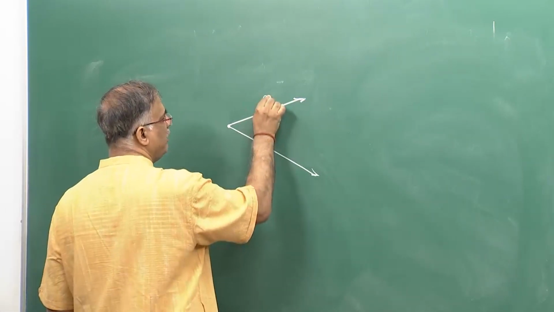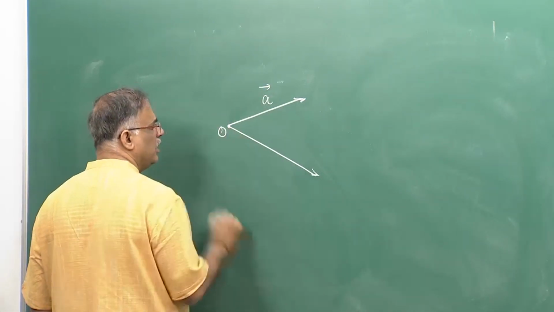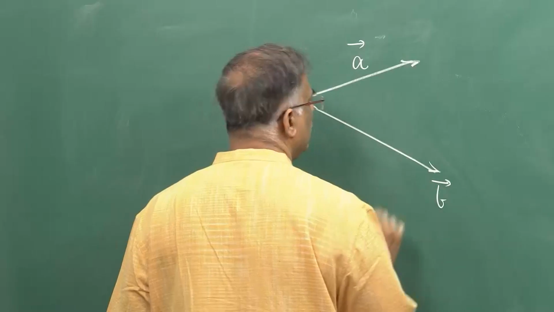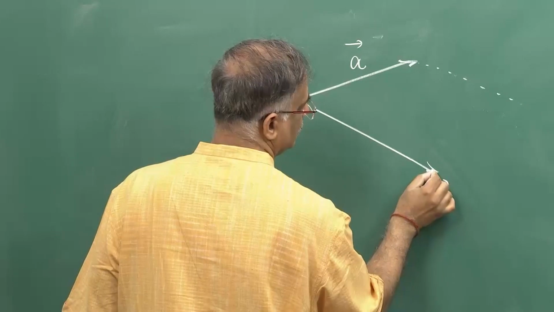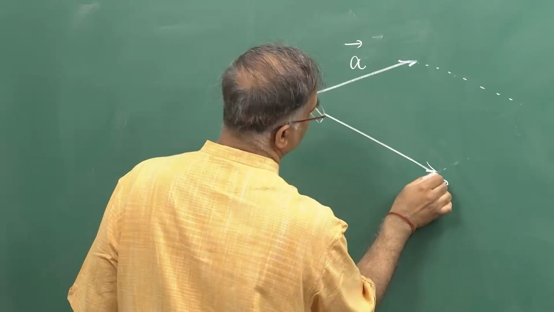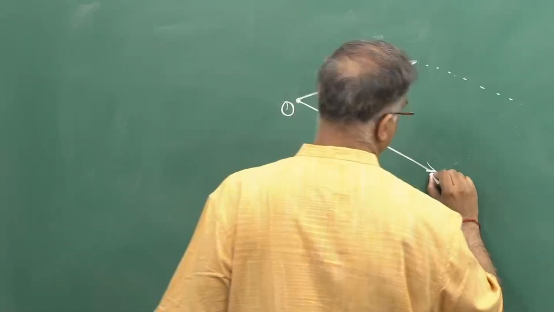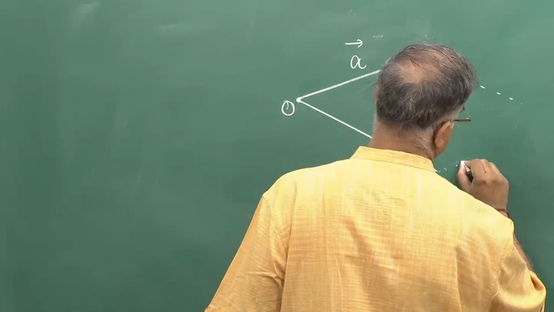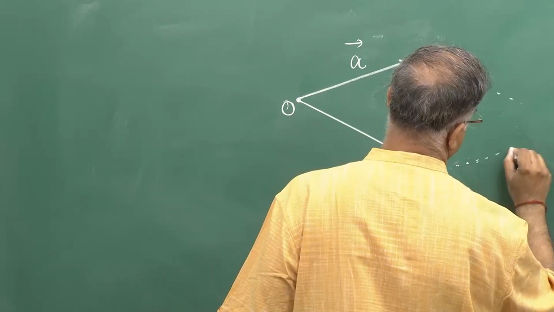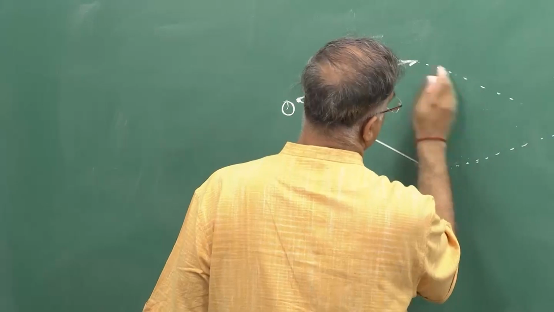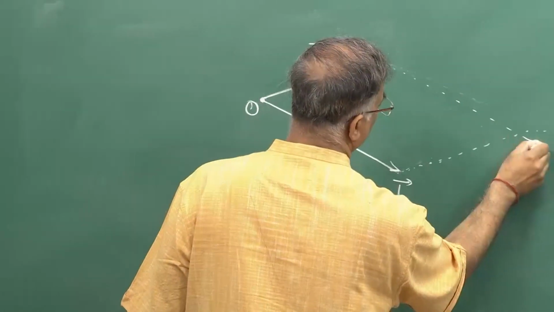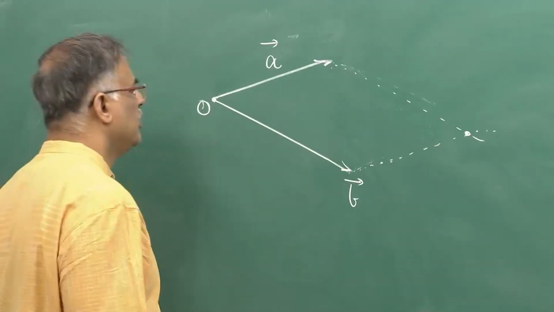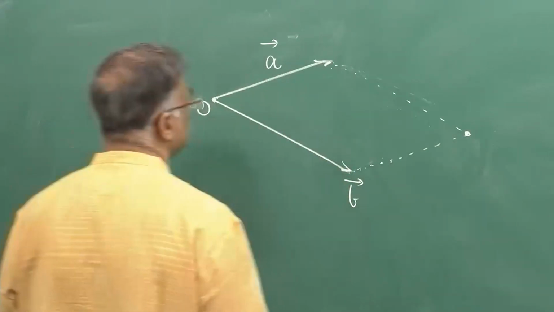So, this is my A vector, this is the origin, and this is a B vector. So, let us make out a parallelogram out of it. So, something parallel to this, and something which is parallel to this. So, this is a parallelogram.